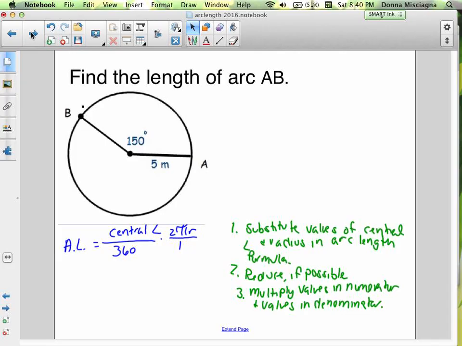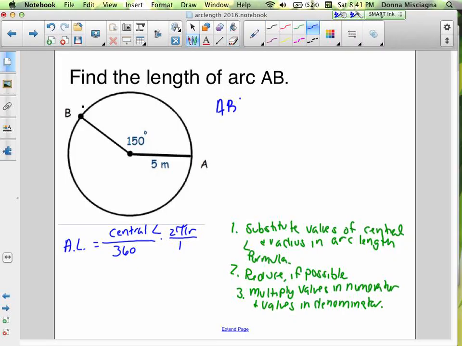So let's find the length of arc AB, and I know this one is in your notes, with the steps below. The first step is to substitute the values of the central angle and radius in the arc length formula. This is the formula we're going to use all the time. Arc length equals central angle over 360 times 2 pi r. I'm going to write AB, so that's the specific arc we're finding.